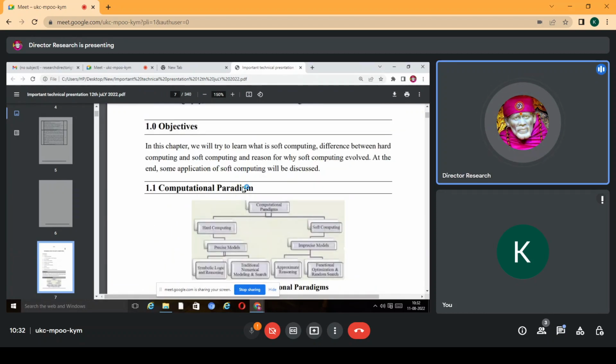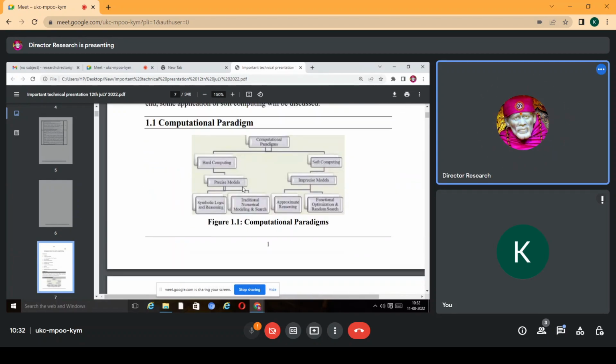In the objectives, you should learn the difference between hard computing and soft computing, the reason why soft computing evolved. At the end, some applications of soft computing will be discussed.